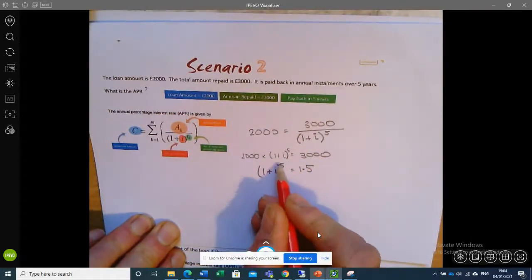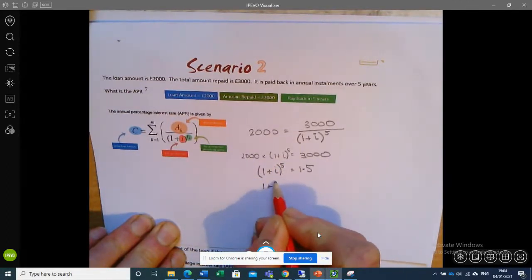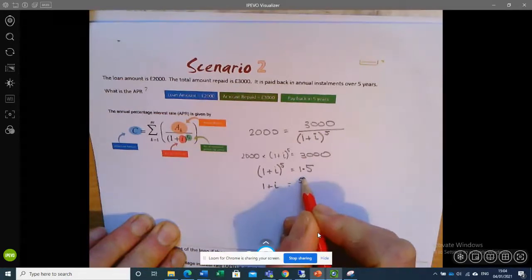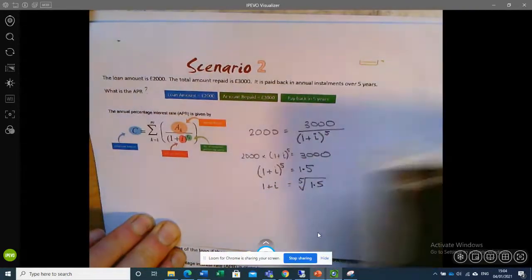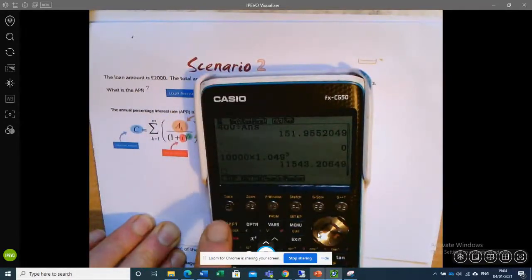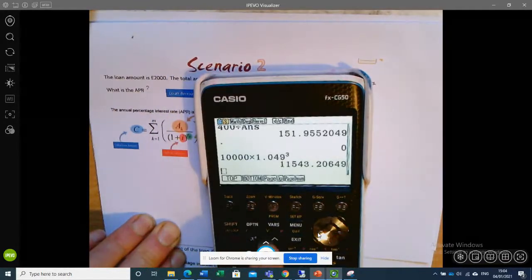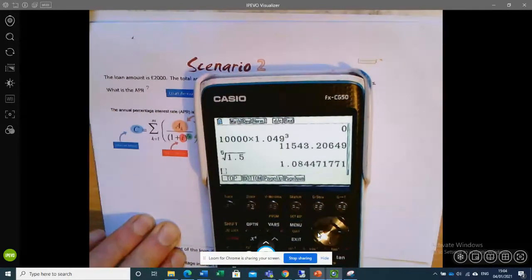We're then going to get rid of this power by doing the fifth root. So I'm going to do that on my calculator here. Fifth root of 1.5 is equal to 1.08447.